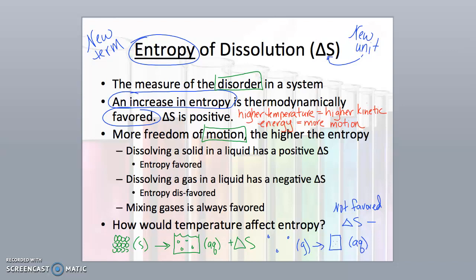A solid's very constrained, but when we dissolve it in a liquid, now we have more freedom of motion. This would be favored by entropy. Now, dissolving a gas in a liquid is the opposite. A gas has lots of freedom, but when we constrain it within a liquid, that's going to have a negative delta S.